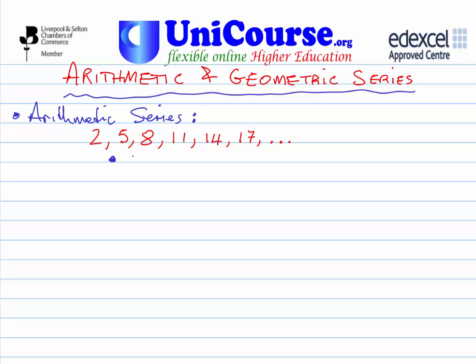Okay, so let's start at 2. That's what this arithmetic series says. It's going to start at 2. Therefore, we can say A is 2. So A is our starting number, if you like, which is quite standard. What is the common difference? What's this common difference that we're adding to one value to get the next value?